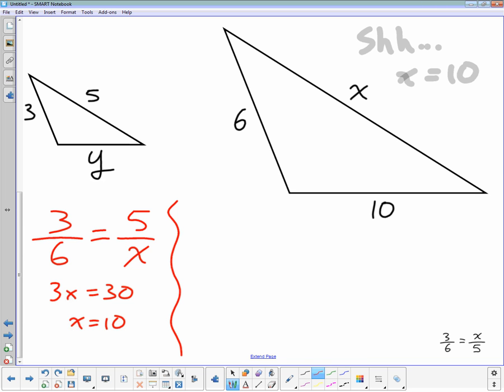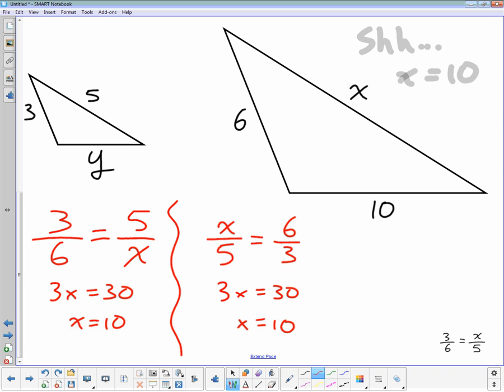If I go right over left, x over 5 would have to be what over what? If I'm going to go right to left, x over 5, what would my other one be? 6/3. So it doesn't matter what direction you choose, just don't change it.